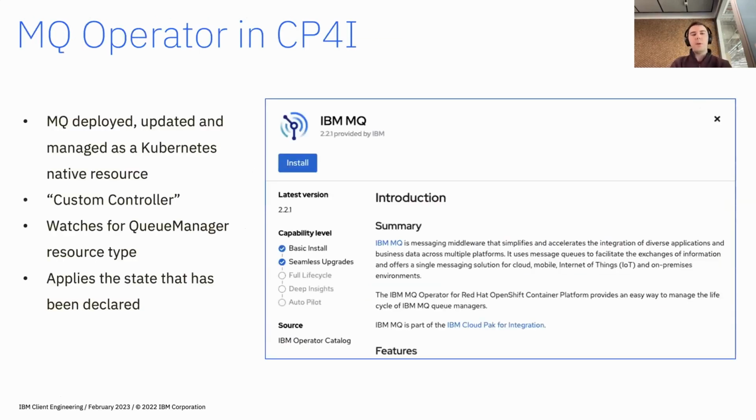So, the MQ operator in Cloud Pak for integration. The role of the operator is to deploy, update, and manage MQ inside OpenShift. The operator is responsible for doing any updates and maintaining the state of your actual Kubernetes container, so your MQ containers that are running. MQ is configured as what's called a Kubernetes native resource, and this allows you to easily declare new queue managers through YAML files and change your configuration easily.